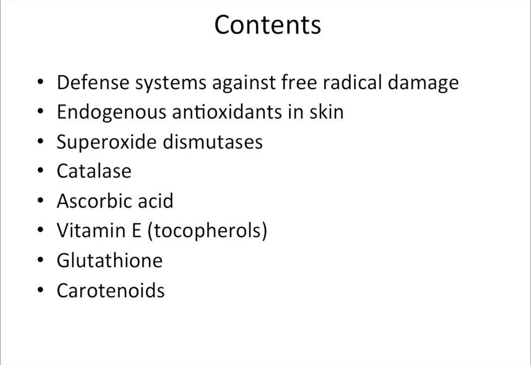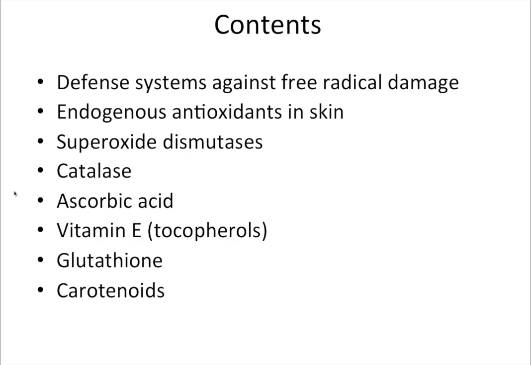So we'll briefly discuss defense systems against free radical damage, and then get into the endogenous antioxidants in skin. And of these endogenous antioxidants, there are several that we really want to focus on.